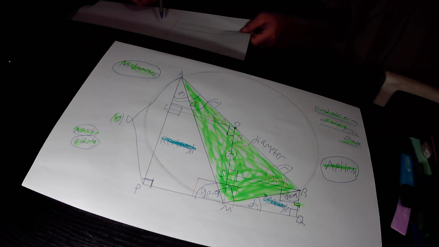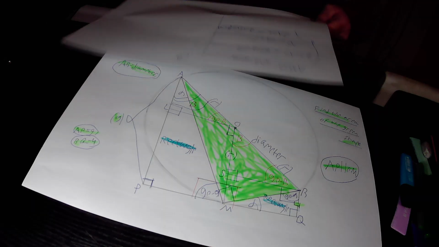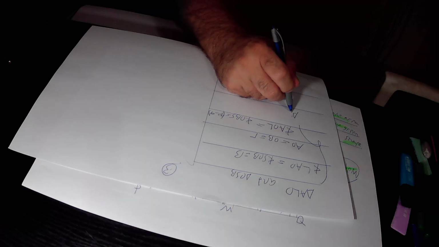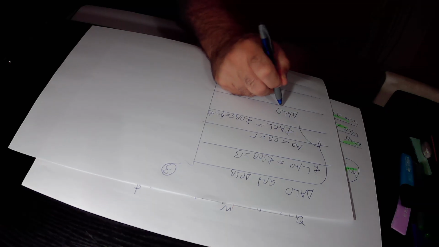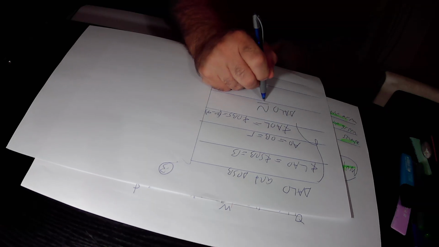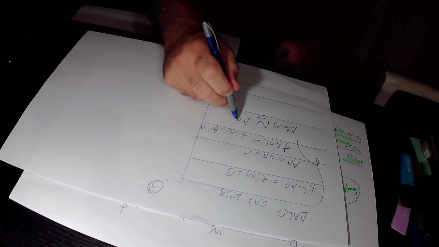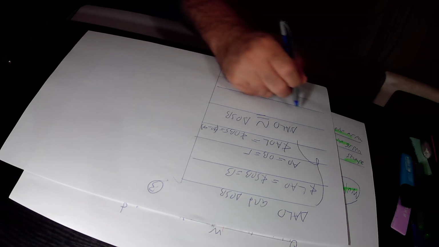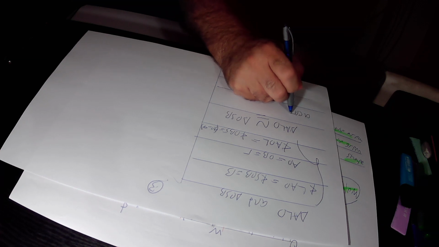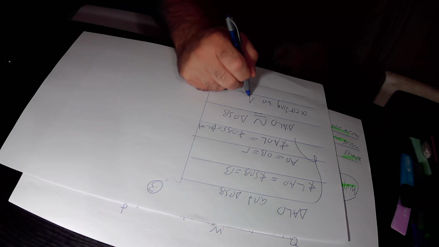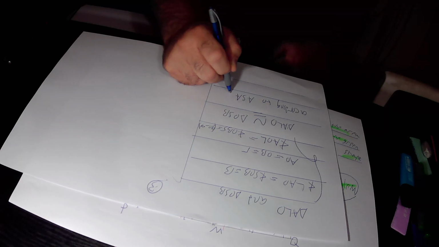We actually found out that the right triangle ALO is congruent (this is the sign of congruent) to the right triangle OSB according to the angle, side, angle rule.